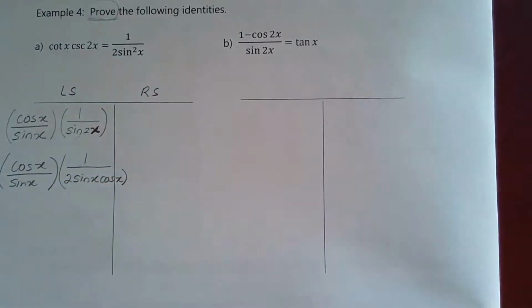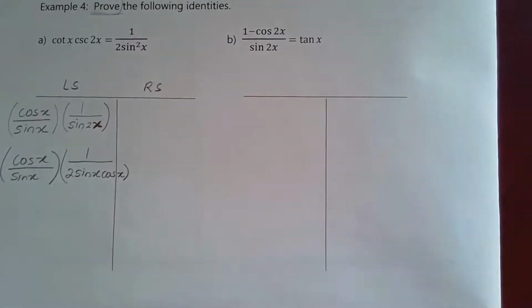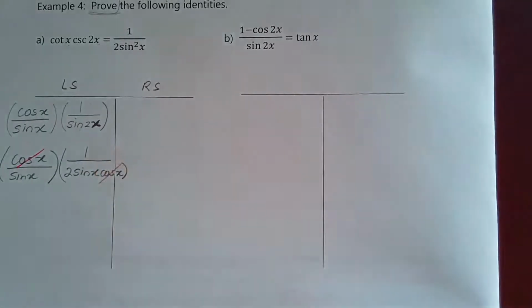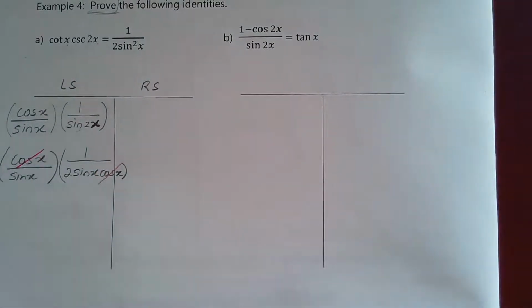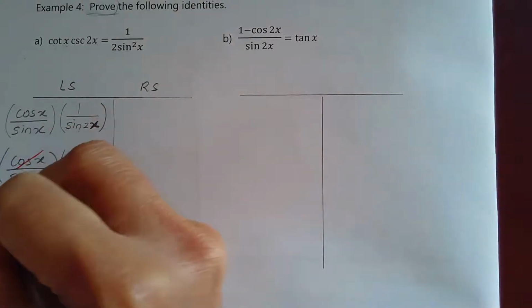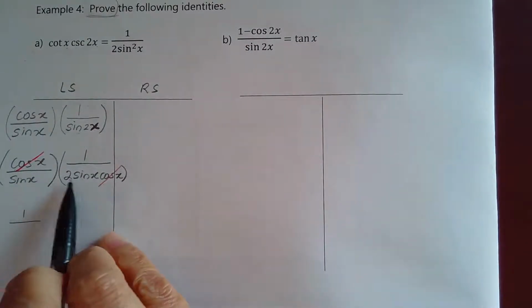Okay. And then from here, we can see that some common factors do cancel. So cos of x cancels with this cos of x. So what's left over is just the 1 in the numerator divided by sine of x times 2 times sine of x.